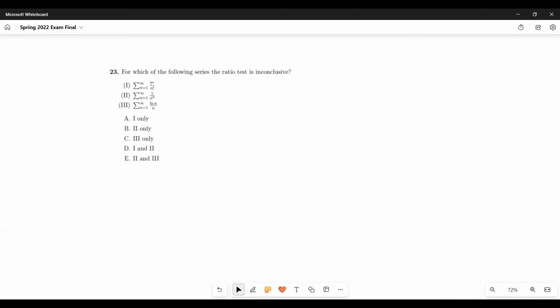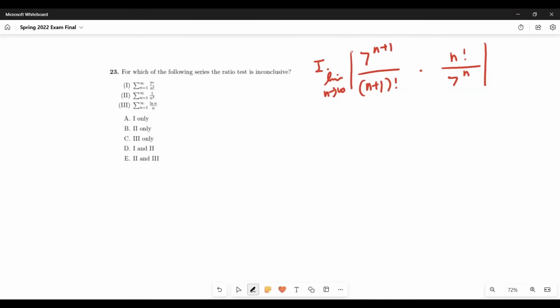This question asks, for which of the following series is the ratio test inconclusive? So okay, let's use the ratio test because it says so. So 7^(n+1) over (n+1) factorial, with the limit as n goes to infinity, divided by the original, multiplied by the reciprocal, so 7^n on the bottom and n factorial.